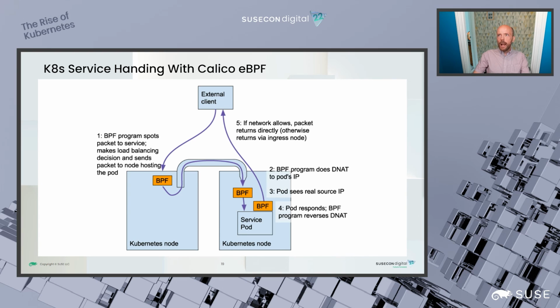Unfortunately, not all upstream networks do allow that, and there's something called unicast reverse path forwarding. It's a security feature of IP networks that sometimes means that it's not possible to return the traffic directly. And in that scenario, it's entirely possible to ensure that the traffic with the Calico eBPF data plane still goes back through the ingress node if necessary.